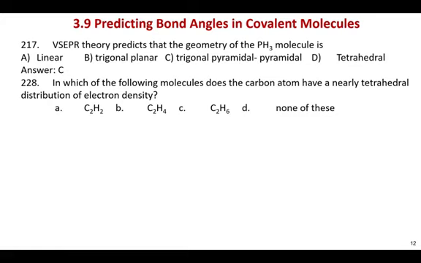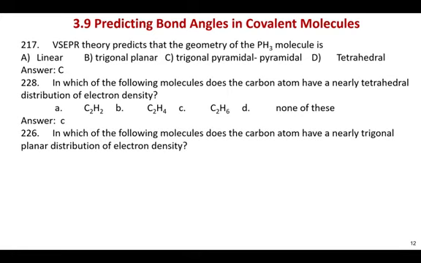Acetylene and ethylene have a triple bond and a double bond, therefore they don't have tetrahedral. The answer is C. In which molecule does the carbon atom have a nearly trigonal planar distribution? Trigonal planar is B.